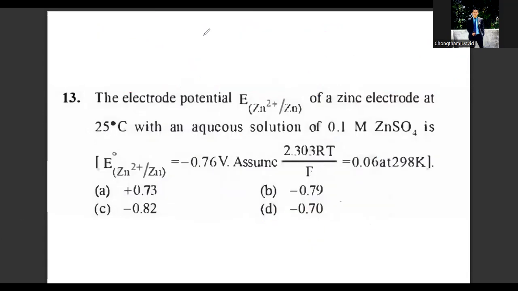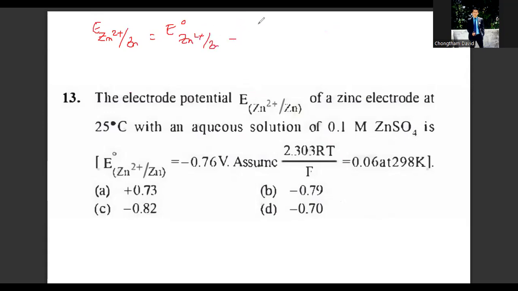The electrode potential of a zinc electrode at room temperature with an aqueous solution of 0.1 molar zinc sulfate is? For this question, the same concept we have done before. You apply the Nernst equation. So let us write the Nernst equation for this reaction. This is the standard.